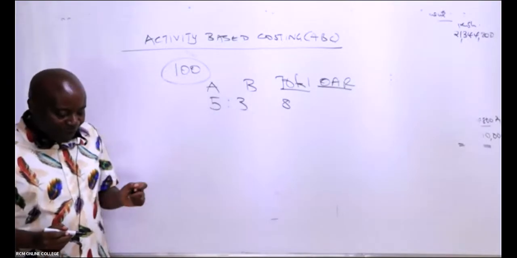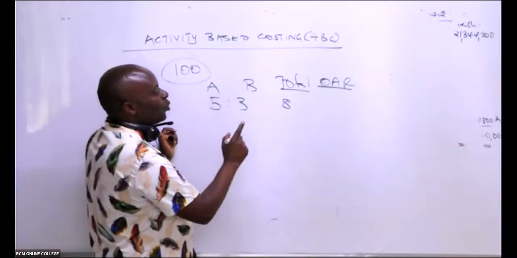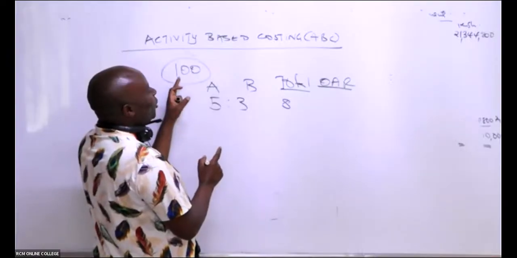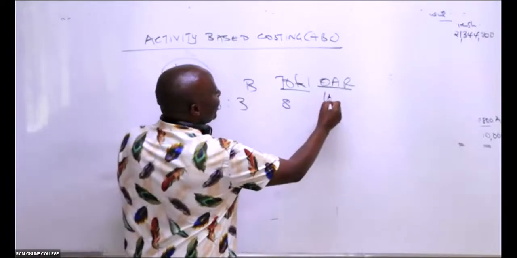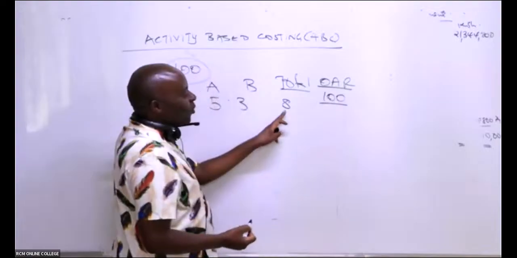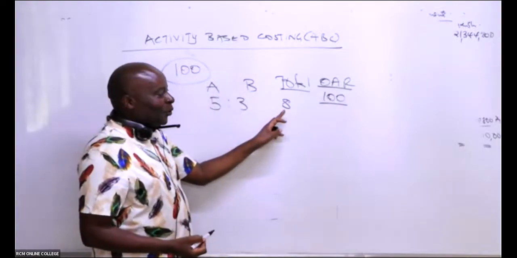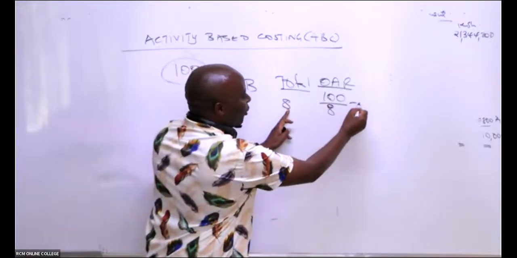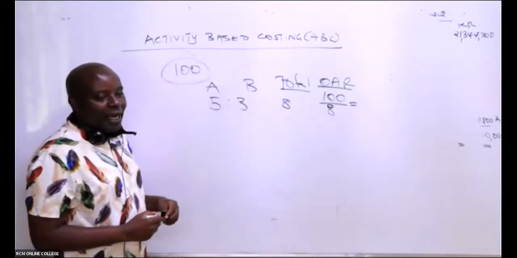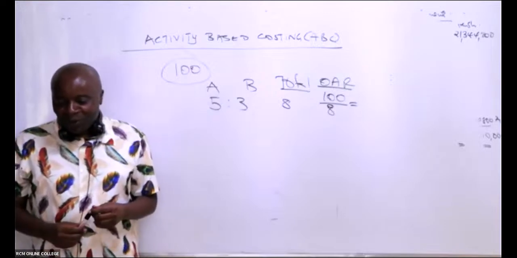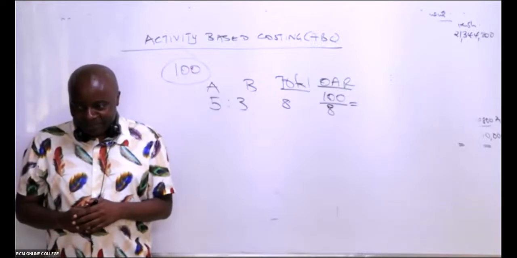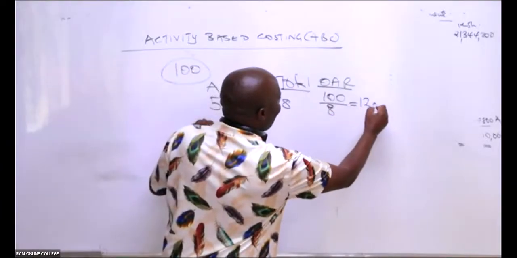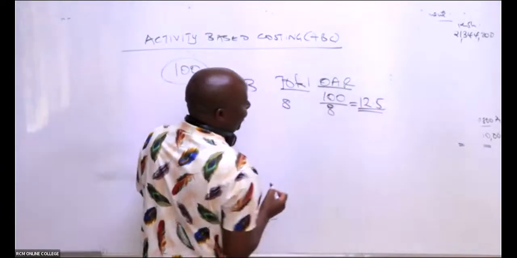In terms of overhead absorption rate, we take the total overhead, which is 100, and divide by the total proportion, which is 8. What is 100 divided by 8? 12.5, isn't it? So this gives me 12.5 per unit of the activity.